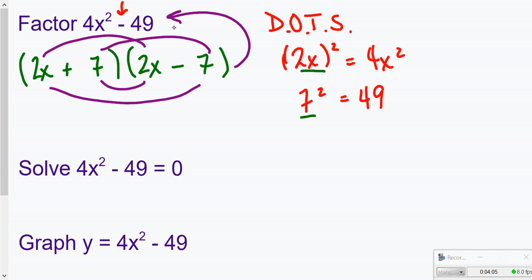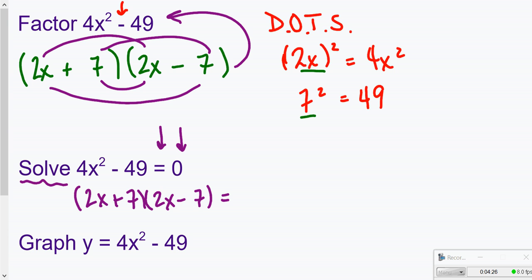There are two follow-up questions with the same quadratic. Sometimes you'll be asked to solve, and you'll have equals 0. You have to have equal to 0 in order for factoring to be beneficial to you in terms of solving. Now that we know that this is factored like this, you use the zero product property: this is multiplication, so I have a product.